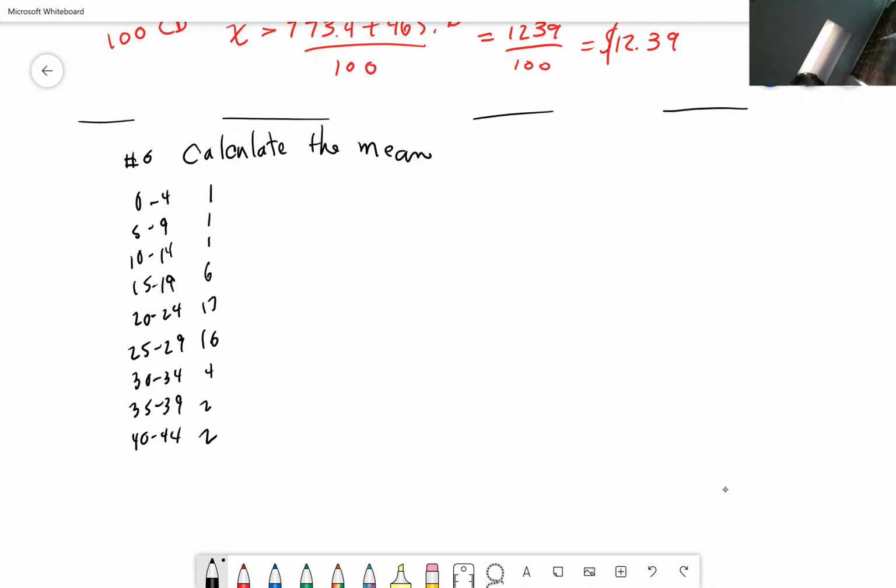And they want you to calculate the mean. So what you're supposed to do here is create a midpoint. Here are your classes, here's the frequency. You need a midpoint because you don't know which number to represent your x here.